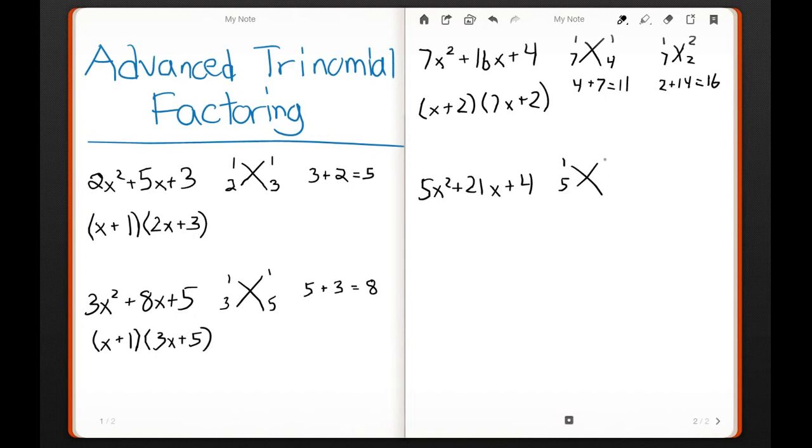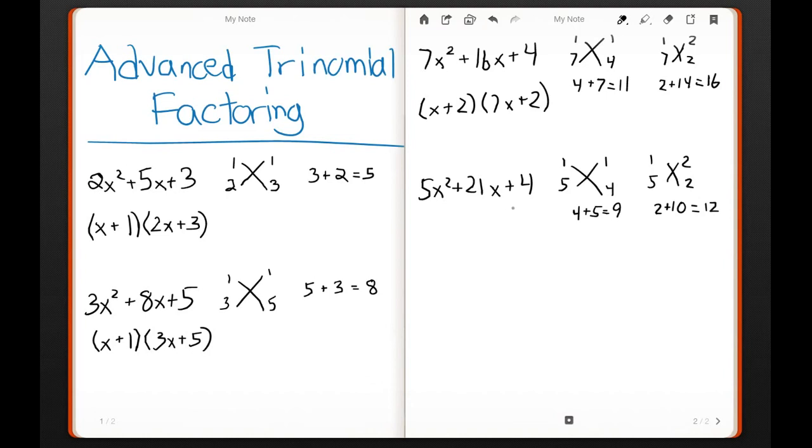So we'll first try 1 and 4. This will be 4 plus 5. That's 9, so that is not correct. Let's try it again with 2 and 2. 1 times 2 is 2. 5 times 2 is 10. So this will add to 12, which again is incorrect.